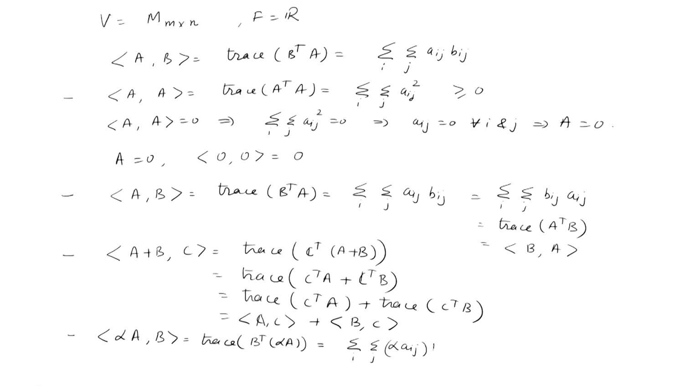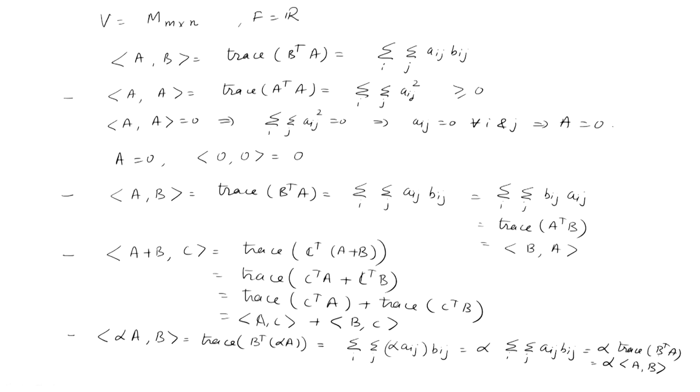So, it is alpha Aij Bij, and this can be written as alpha times the summation over i, summation over j of Aij Bij, and this will be alpha times trace of B transpose A, or alpha times the inner product of A and B.